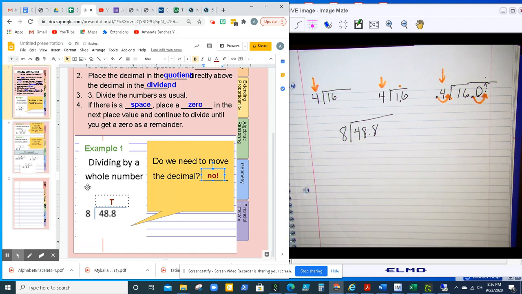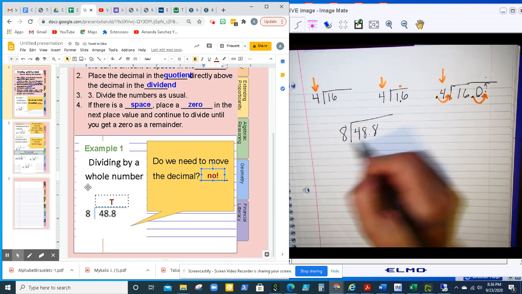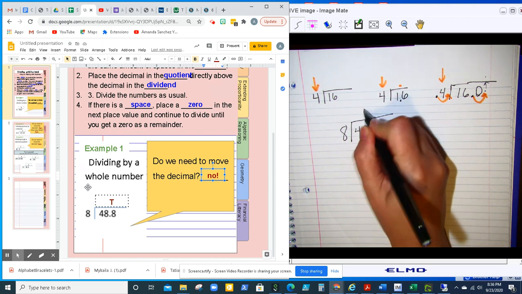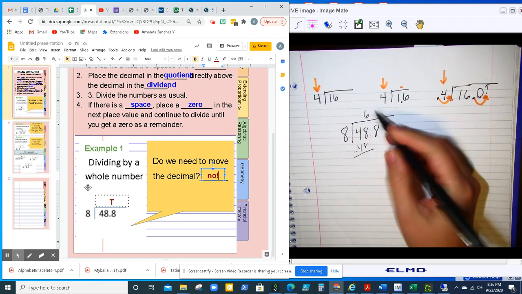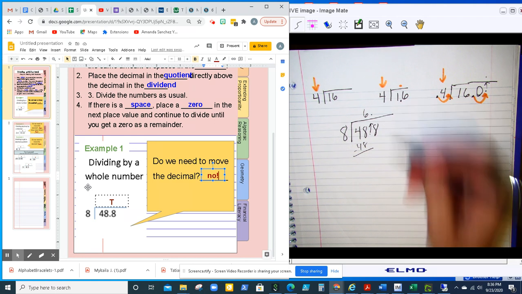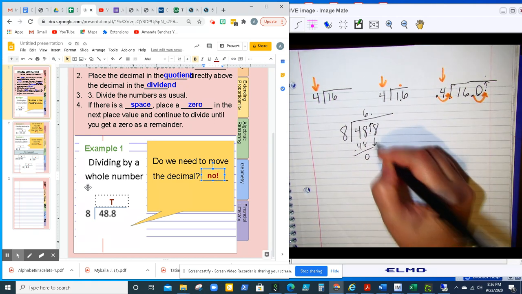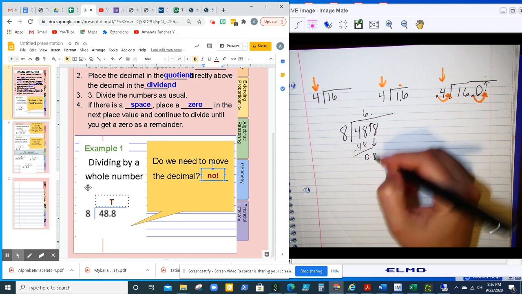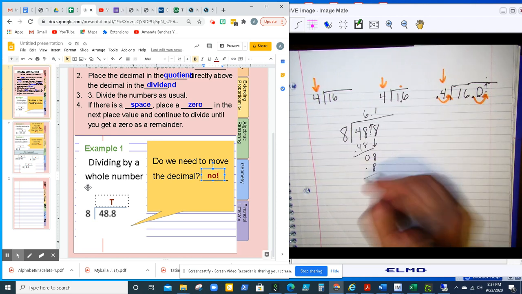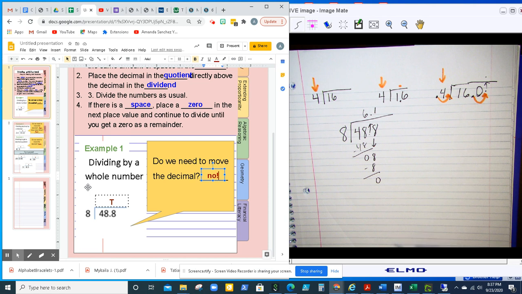Then you go straight into division. So 8 into 48, that would be 6 times. This decimal shoots straight up. You have nothing left over here, so I'm going to put a 0 and drop down my 8. 8 can go into 8 one time, and no remainder. So the answer would be 6.1, or 6 and 1/10.